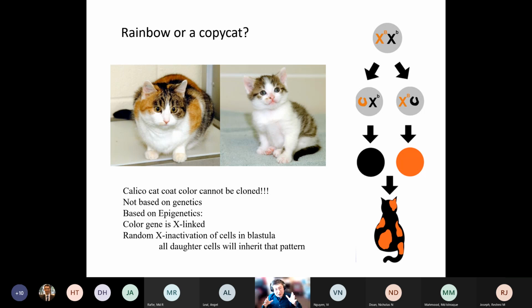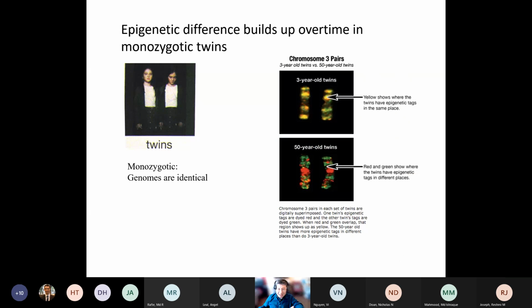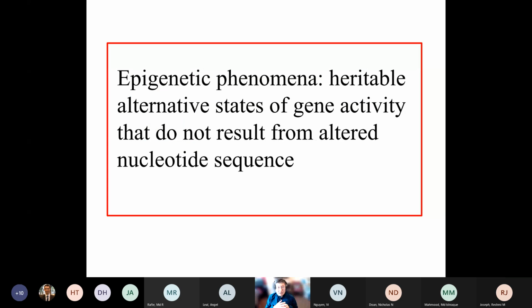All the cells will share the same X inactivation, right? If we're talking about one ancestor and many daughter cells, those will have exactly the same DNA modification or X inactivation. Therefore, we say it's heritable. One cell can pass it down to the other cell. And that's the first point.